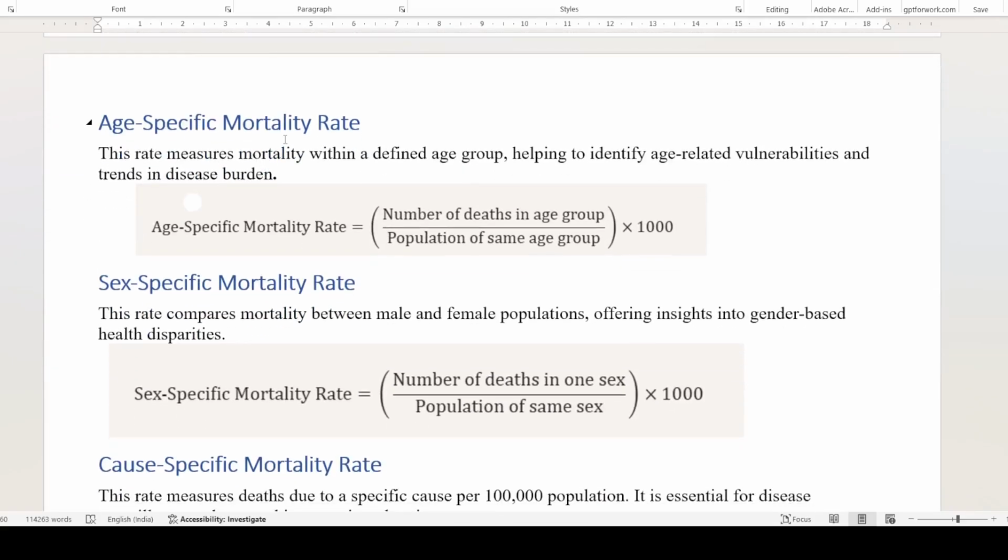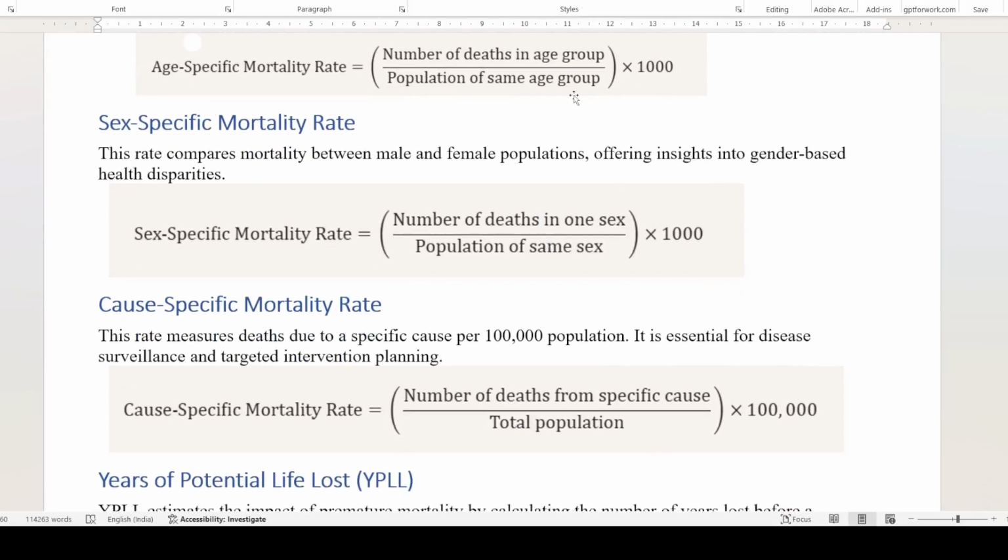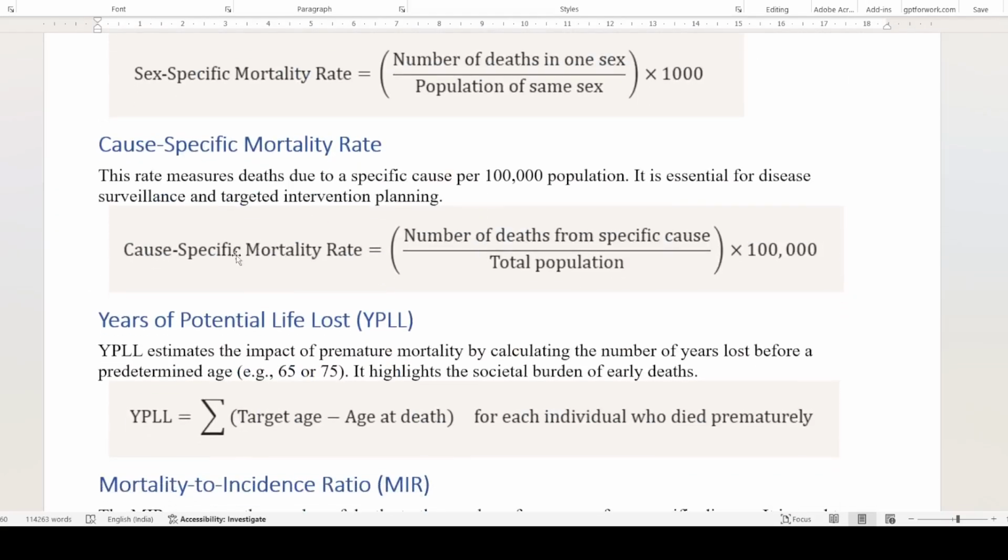Then age specific, number of deaths in particular age group, then population of same age group into 1000. Sex specific means gender specific. Cause specific, again that is from a specific cause or a specific disease upon total population, it is 1000, right?